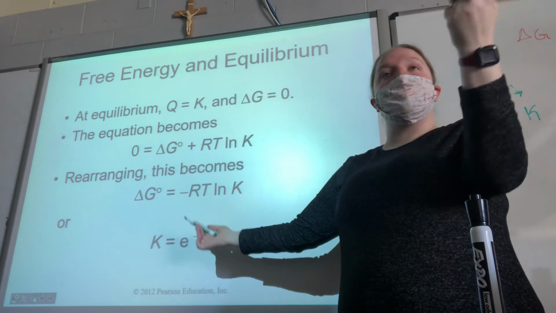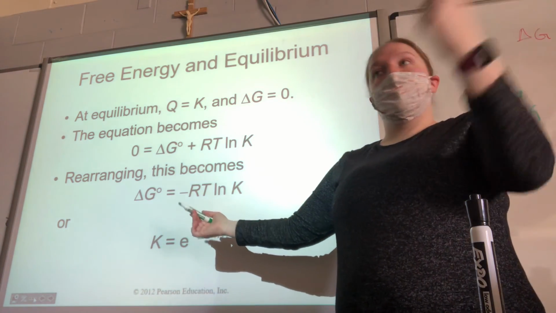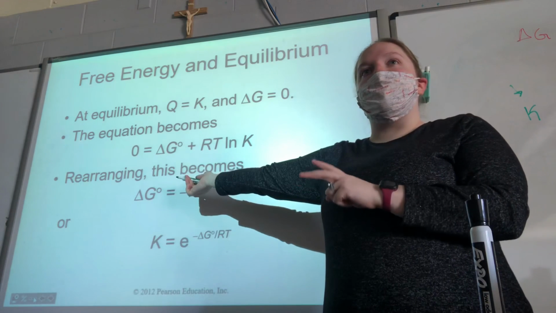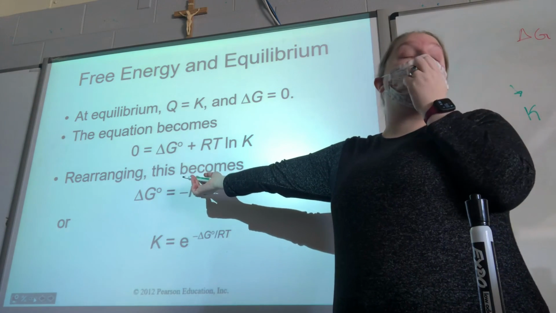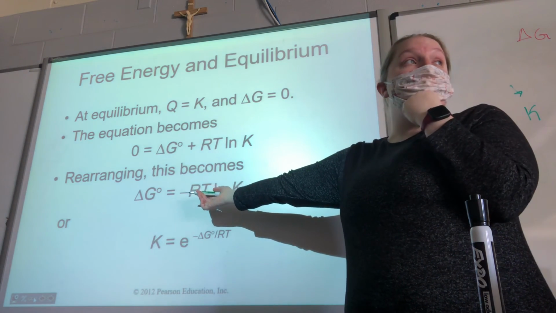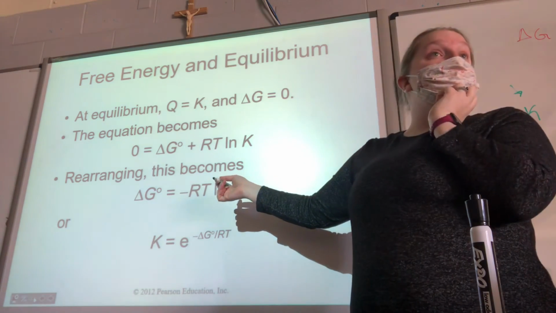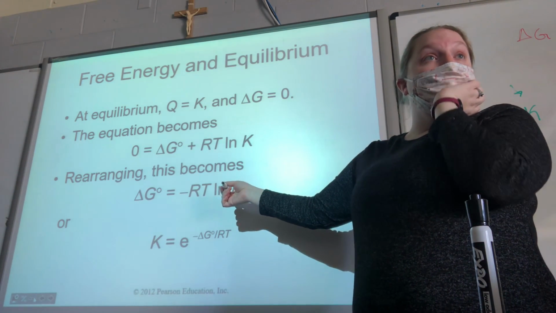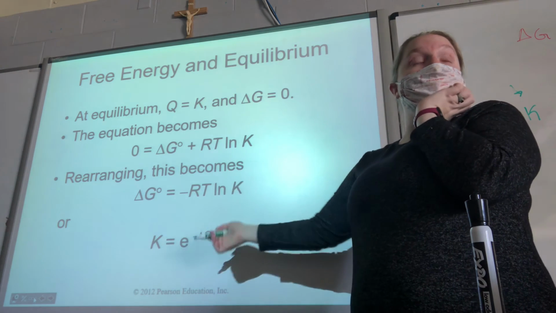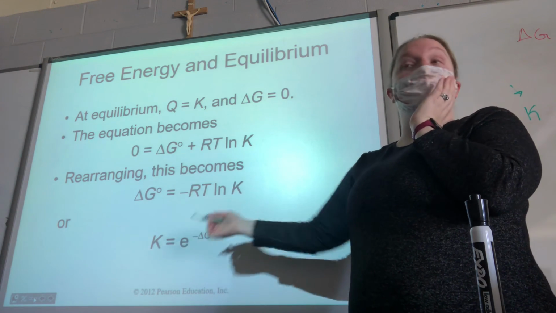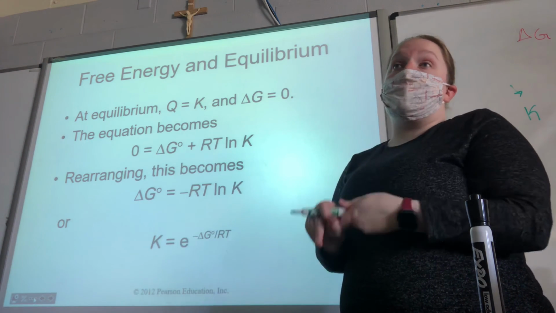Temperature. R is a constant, remember? So if I want to solve for the standard Gibbs free energy, I can, using temperature and the equilibrium constant, K. Or I can calculate K, the equilibrium constant, using that standard Gibbs free energy and temperature.